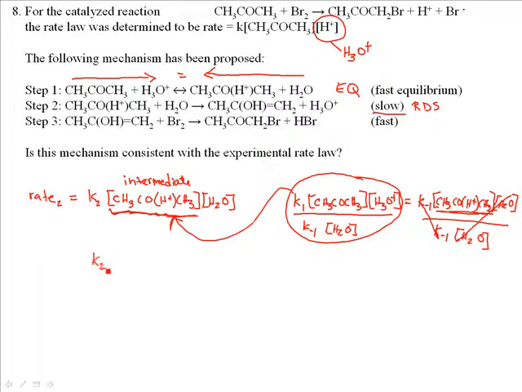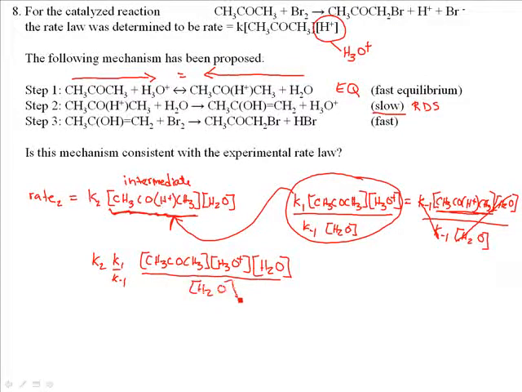So K2 times K1 over K negative 1 times the concentration of CH3COCH3 times H3O plus, and don't forget the water that's already in your original expression, over water.